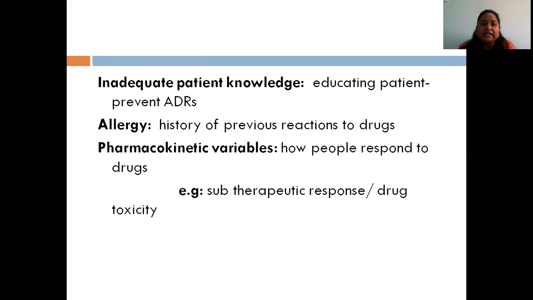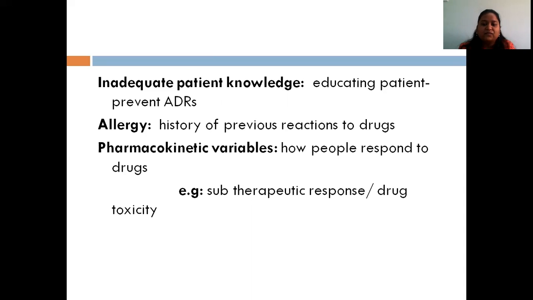The next factor is inadequate patient knowledge. You have to educate the patient about the ADRs. If they do not know about the ADRs, it can lead to a serious problem. It can lead to death also. Next are allergic reactions, like a history of previous reactions to the drug.